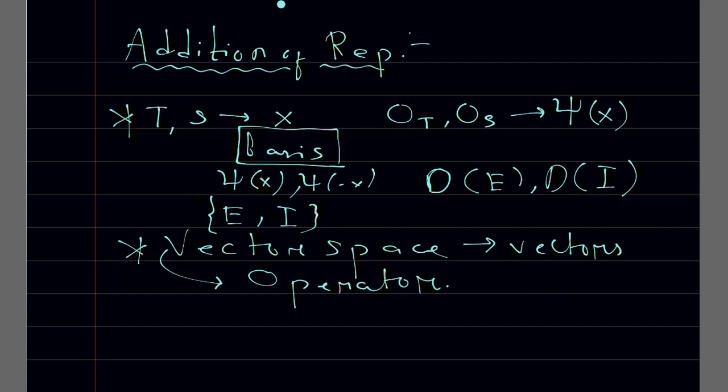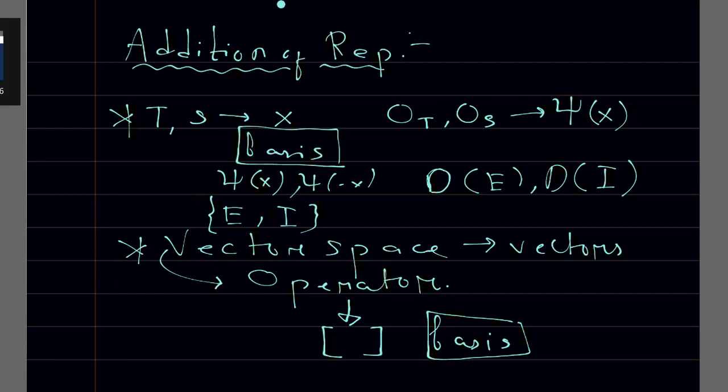Then you can represent these operators in matrix form by using the basis of the vector space. So this is the whole idea. When you have a vector space, you have a group of operators, and you want to create a matrix representation of those operators that act on the vector space, then you play this game of basis and so on.